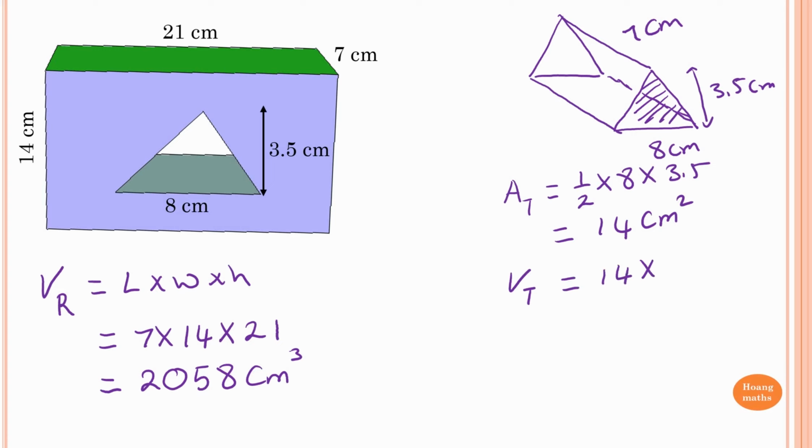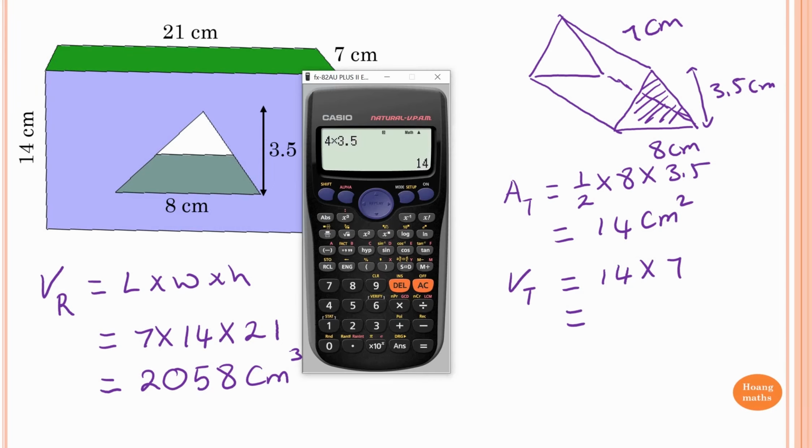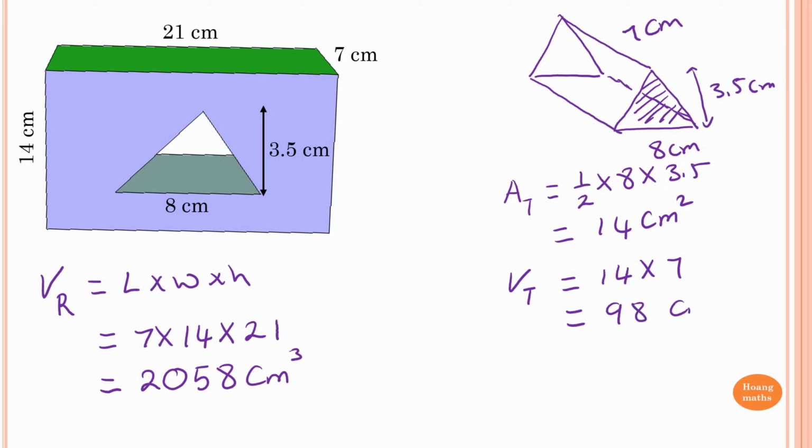And the volume of this triangular prism is equal to area times height, which is 14 times 7, so answer times 7, 98 cubic centimeters. So therefore, the volume of this solid here is 2058 minus 98.